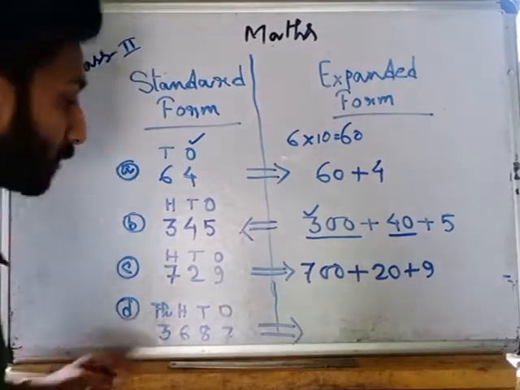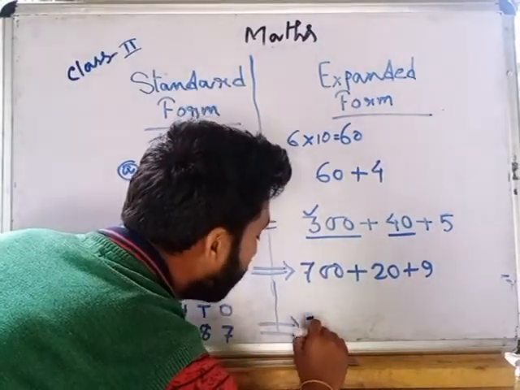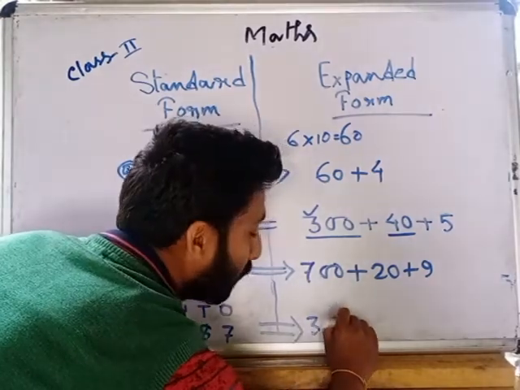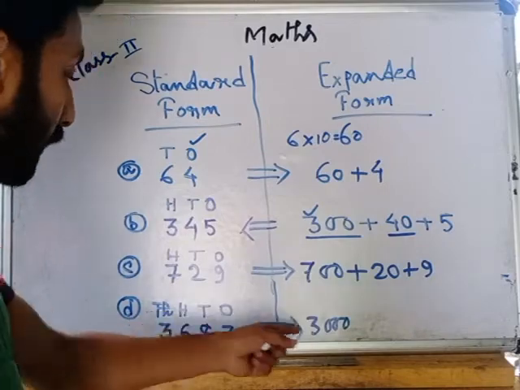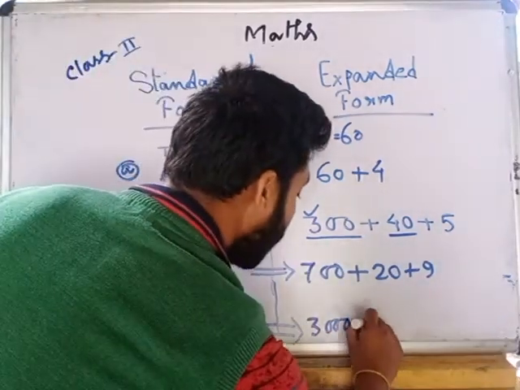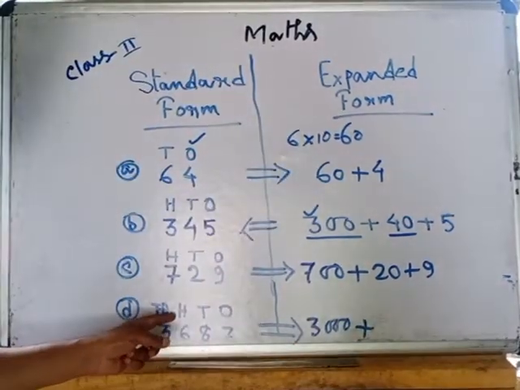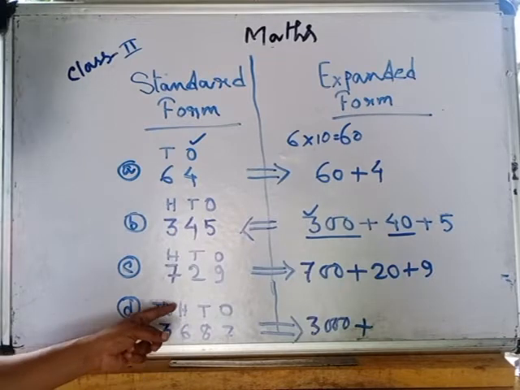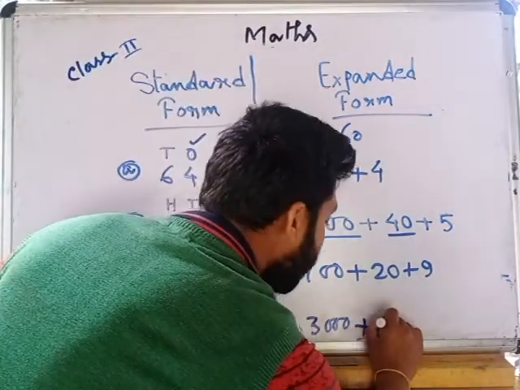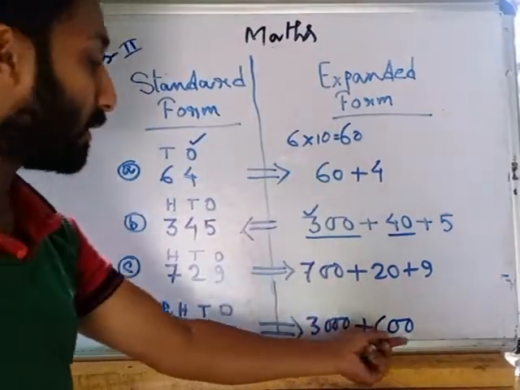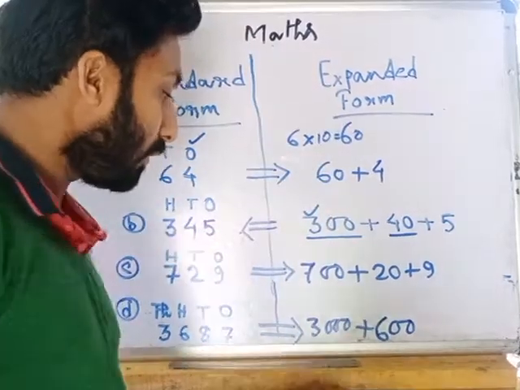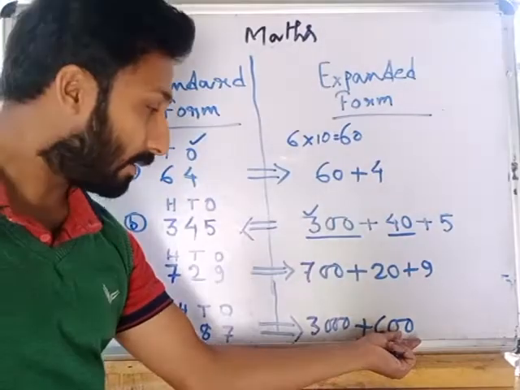3 is at the place of thousands, that means 3000. Plus 6 is at the place of 100, that means 6 multiplied with 100, that is 600. If it is 100, we write two zeros.